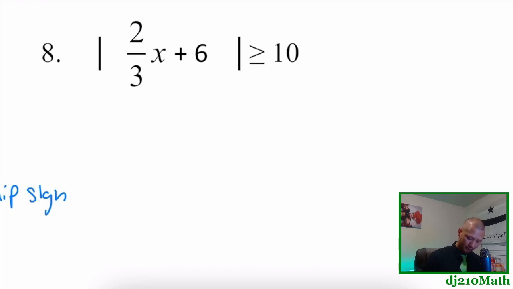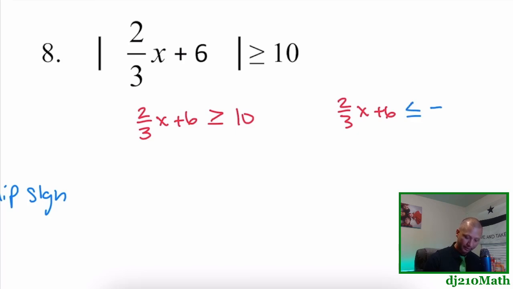So this is going to be 2/3 x plus 6 is greater than or equal to 10. 2/3 x plus 6 less than, because we have to flip the sign, part of the process, less than or equal to negative 10. Right, we have to flip the sign on the negative one.